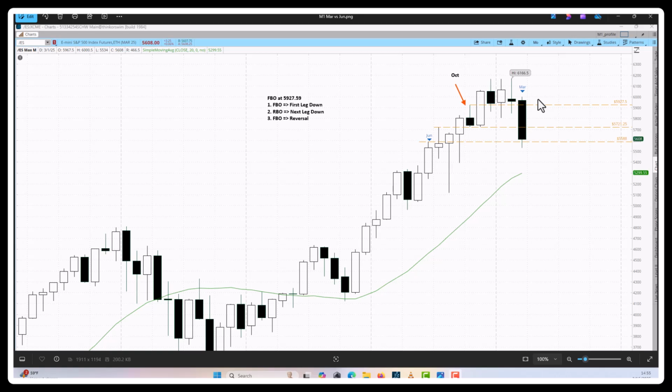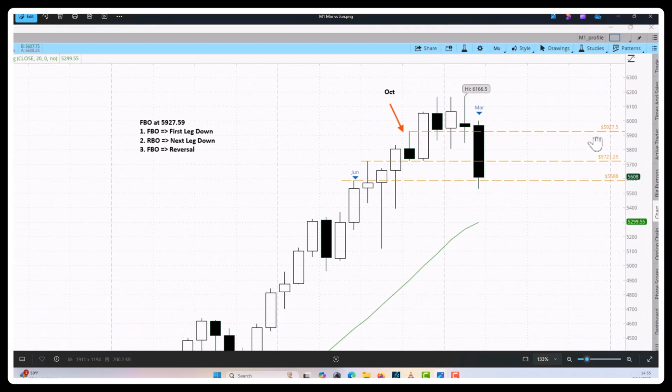So look at the monthly time frame, we can see it's so simple. Patiently watch for this, and as soon as it breaks down this level, the 59.27, then 100% it's gonna be a 4 breakout right there.